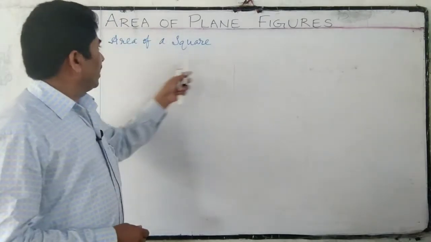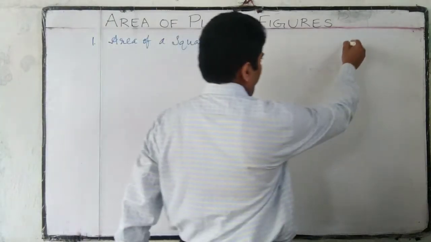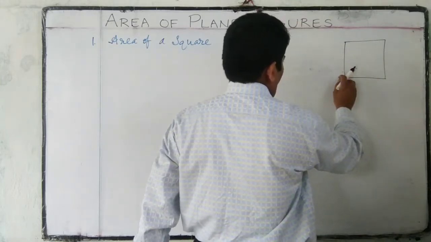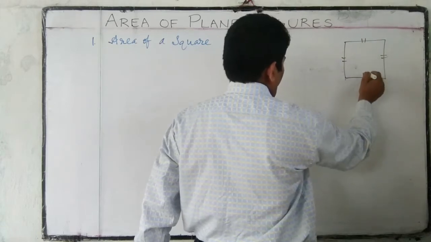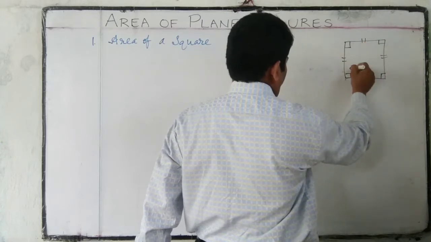First, area of a square. To understand area of a square, let us draw a figure. This is a square, all sides equal and all angles are equal, that is 90 degrees.